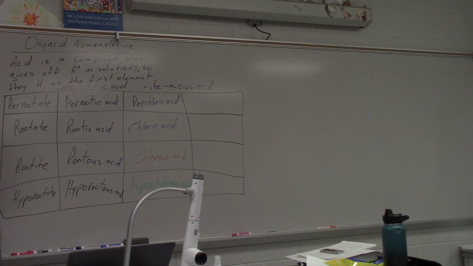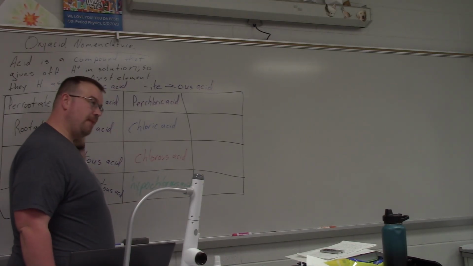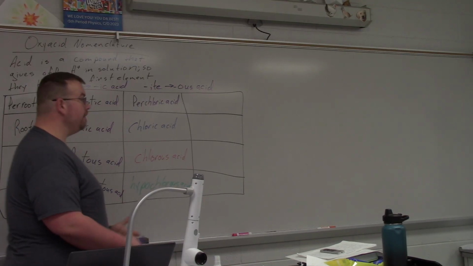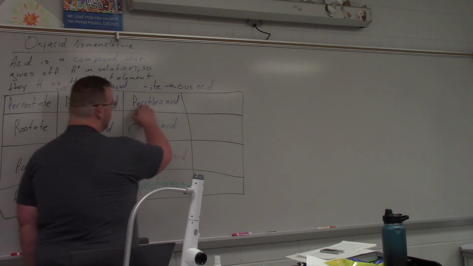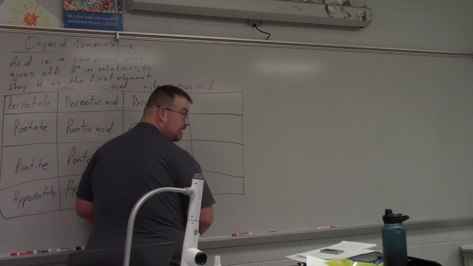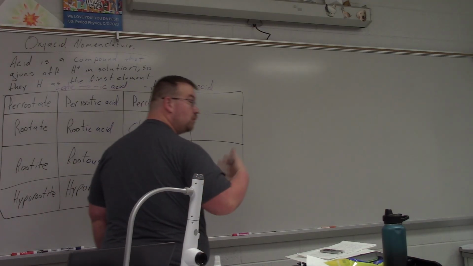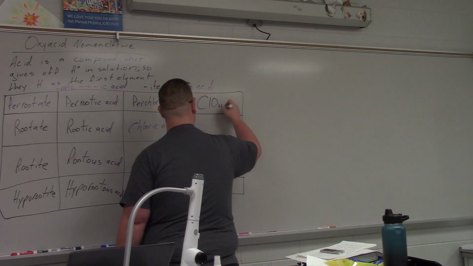The trick to this, whenever you're trying to figure these formulas out, take your acid ending and revert back. So your ic acids and ous acids, take it back to ate and ite and follow that rule. So perchloric acid comes from perchlorate. Use that oxyanion rule to figure out that perchlorate is ClO4 minus.